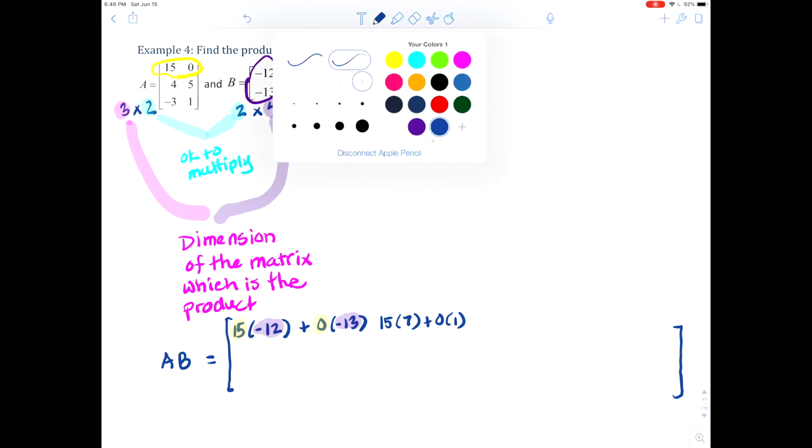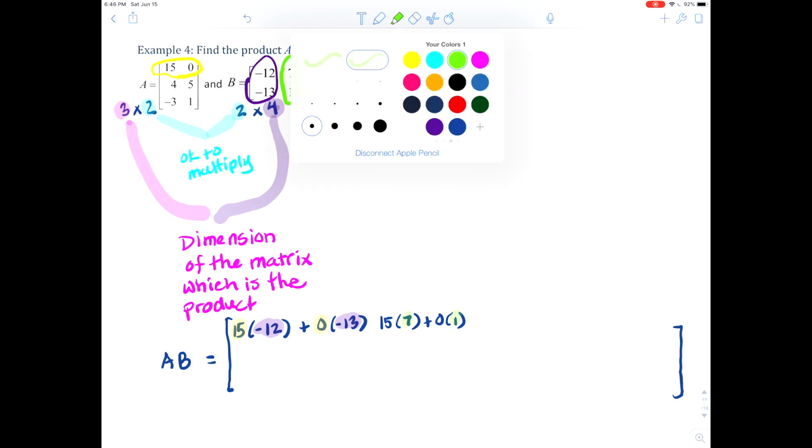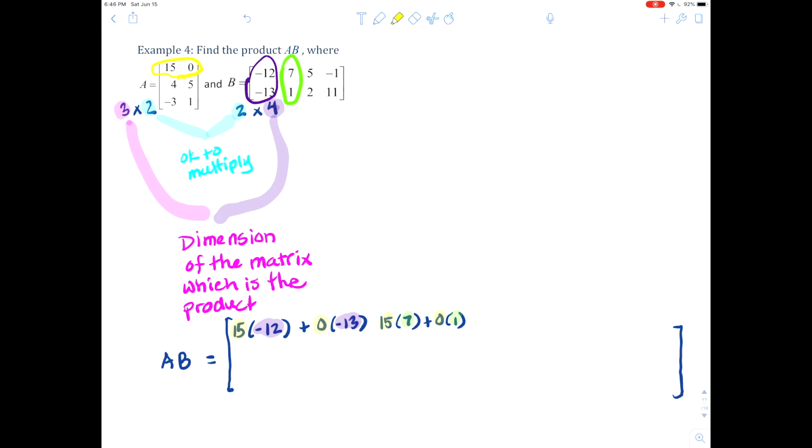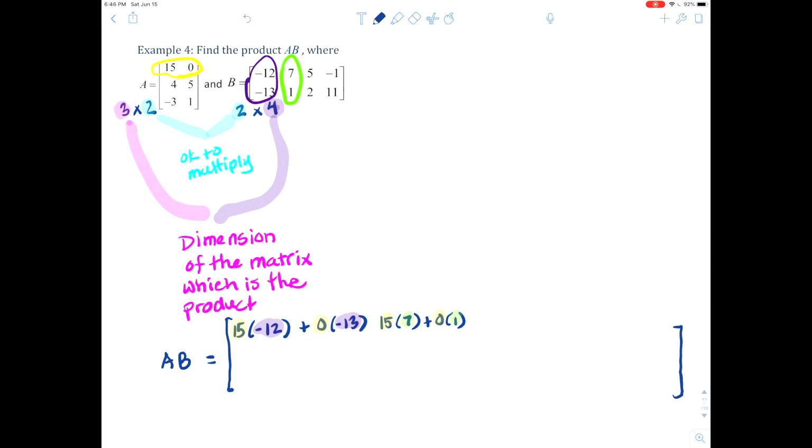I'll do this in the green. And next up, what's going to happen? Awesome. We're going to still be using that first row, so 15 times, and we'll be now on the third column in B. So 15 times 5 plus 0 times, awesome, 2.